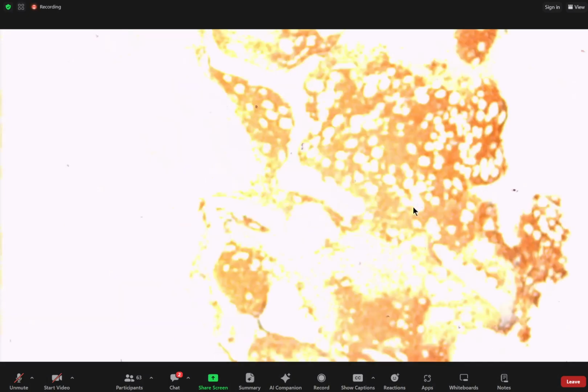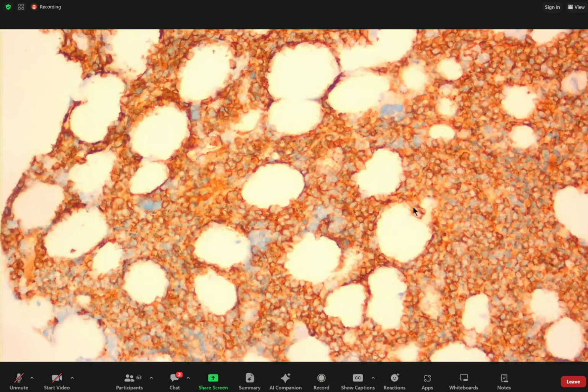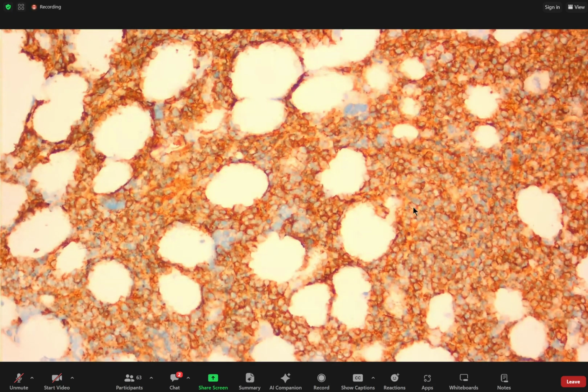And for CD138, the abnormal B cells that we saw, which express CD79A and CD20, are also CD138 positive, similar to the IPT result. So CD138 is quite specific for plasma cells. And they are also positive for PAX5.